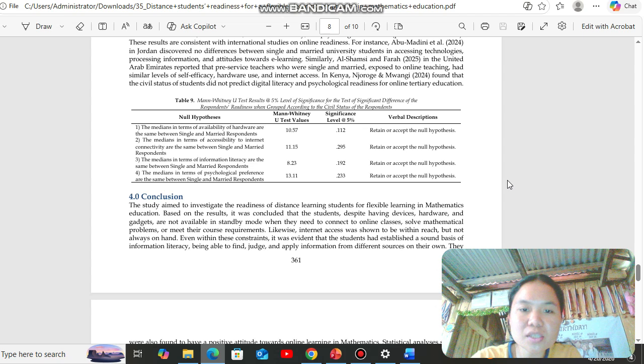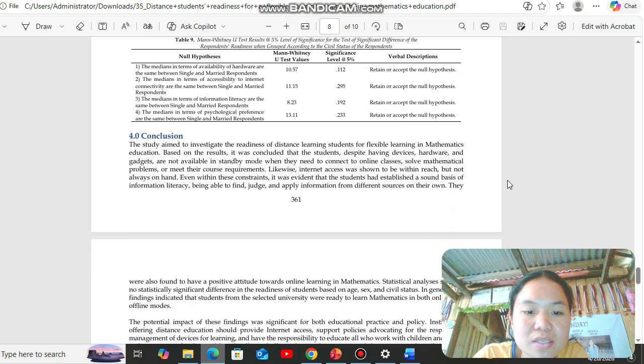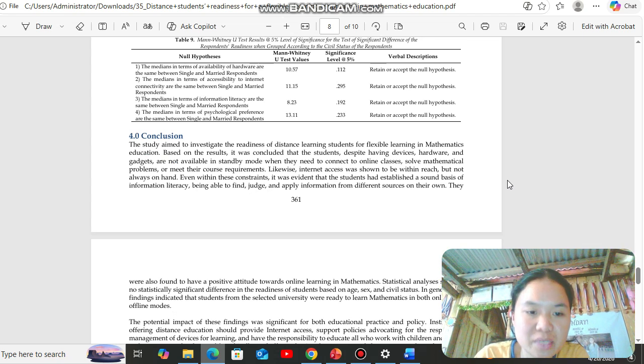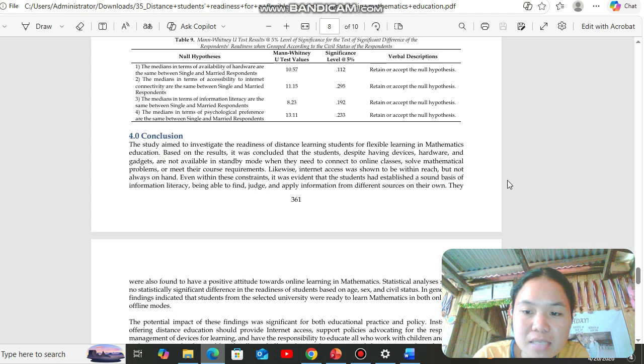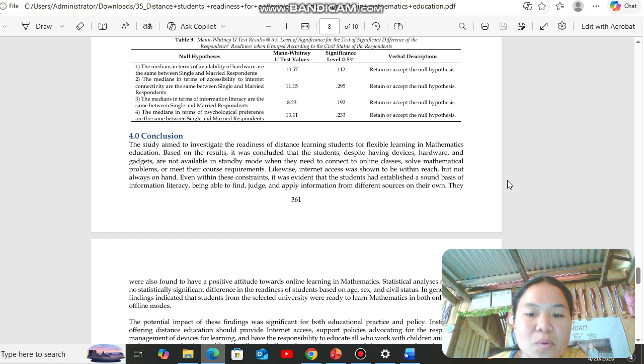For conclusion, the study concludes that students are generally ready for flexible learning in mathematics, particularly in terms of information literacy and positive attitudes toward online learning. However, their readiness is limited by inconsistent internet connectivity and limited access to hardware, which are not always available when needed.